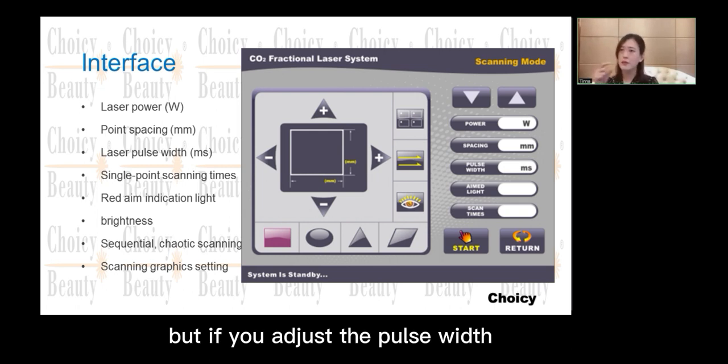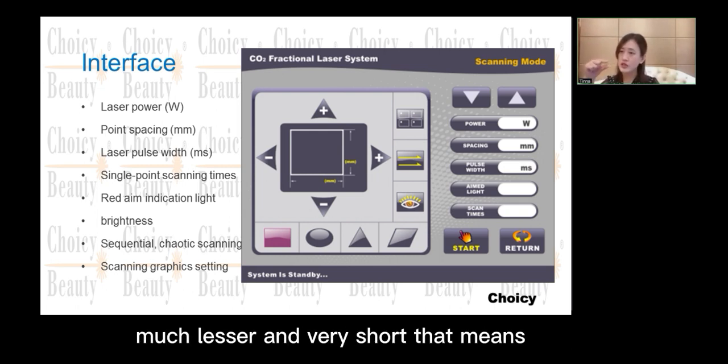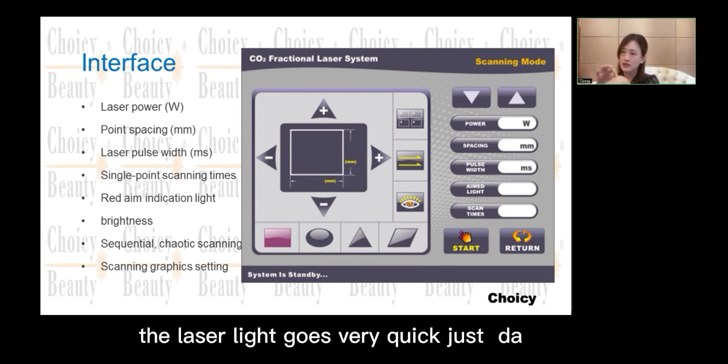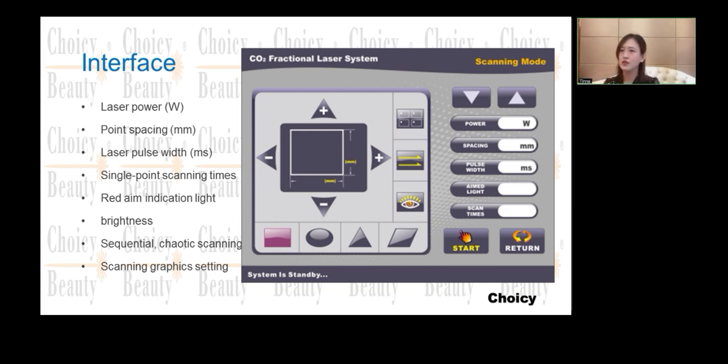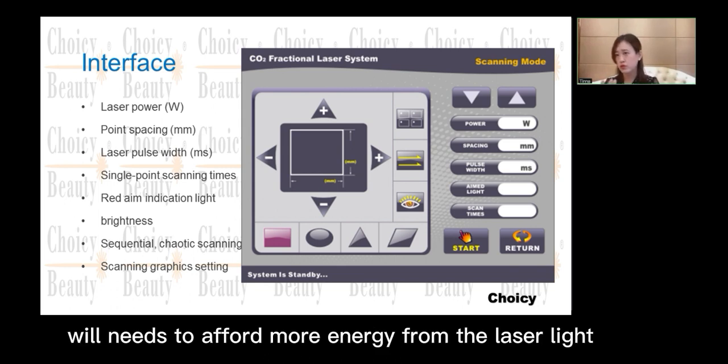If you make the pulse width very short, the laser light goes very quickly and finishes. If it is very long, the treatment place needs to take more energy from the laser light.